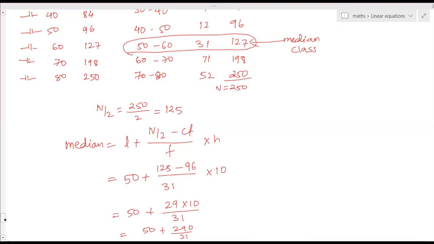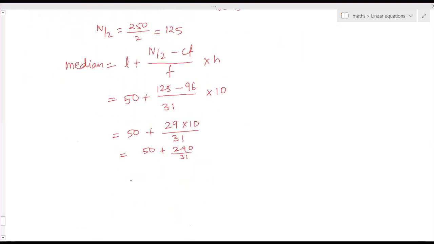Divide this. 290 by 31, find out the answer. It is nearly 9 point something.